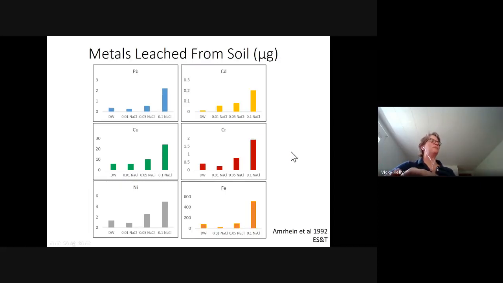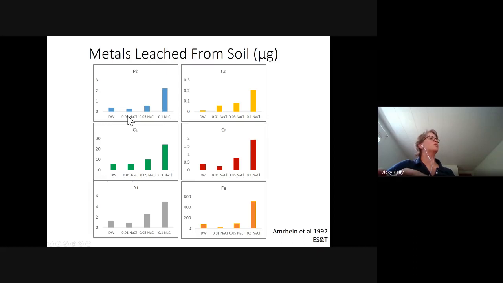So does this really happen? This is a study that was done in 1992 where they took tubes of soil they collected from near a road, and they treated that soil. They poured water into those different tubes. Some of the water was deionized water, and then they had these increasing concentrations of salt.